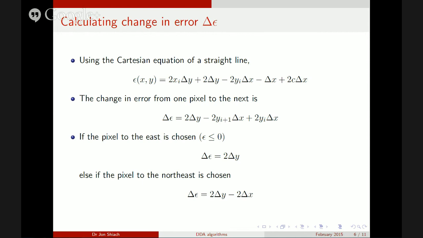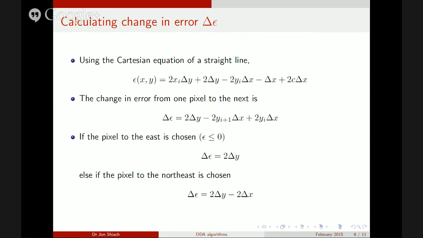I've got 2 delta y, which doesn't cross out with anything. Then I've got 2yi delta x, but then minus 2yi delta x, so that will cross out. I'm just left with delta x. That's it.